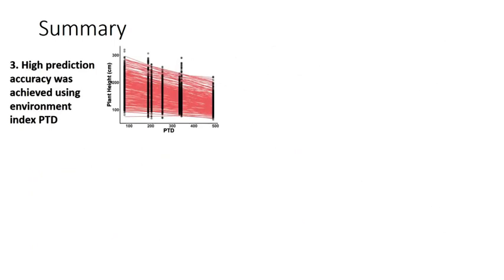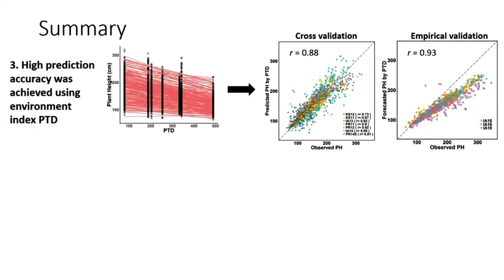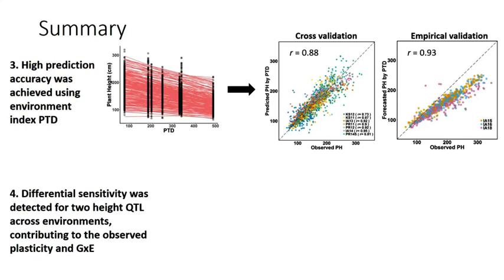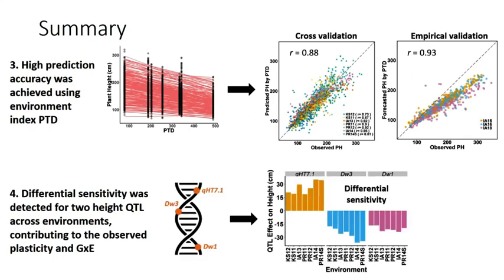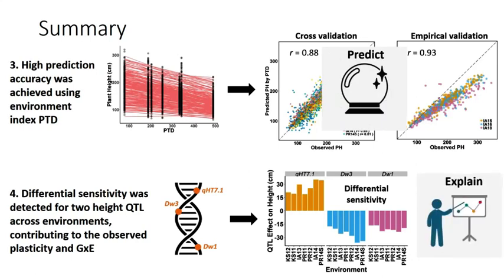And high prediction accuracy was achieved using environmental index PTD. We did cross-validation and empirical validation. All the prediction accuracy were high. Differential sensitivity was detected for 2 height QTL across environment, contributing to the observed plasticity and G by E. So with that, we did prediction, and we also did explain.